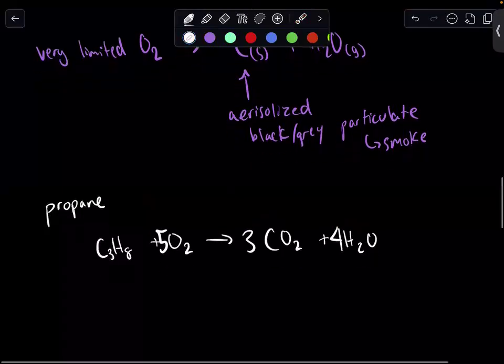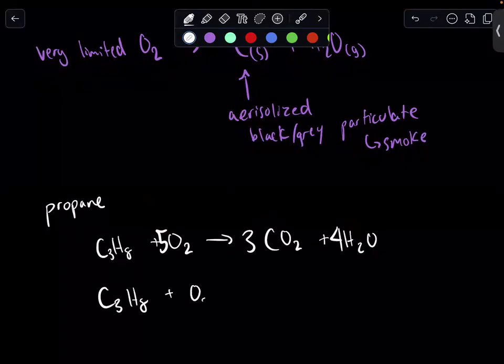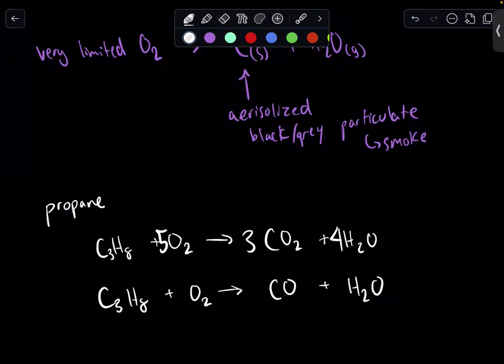This changes, however, once we have incomplete combustion, so C3H8 plus less O2, and let's say we have somewhat complete combustion, somewhat complete, plus H2O. We would still normally put 4 here and 3 here, but we then have a little issue with our oxygens because we have 3 plus 4, which is 7.